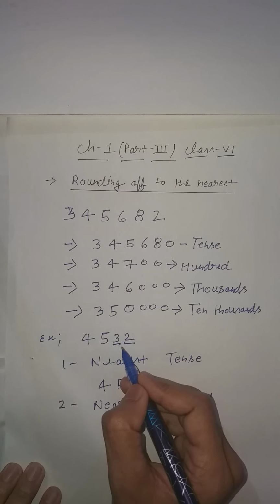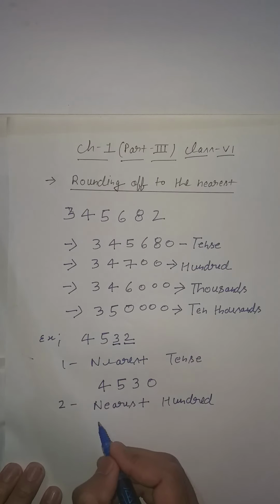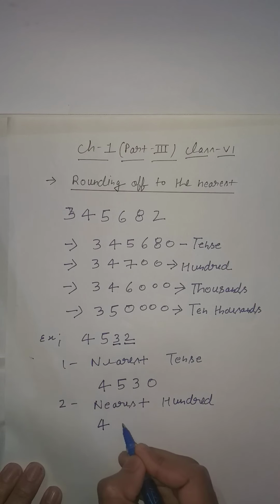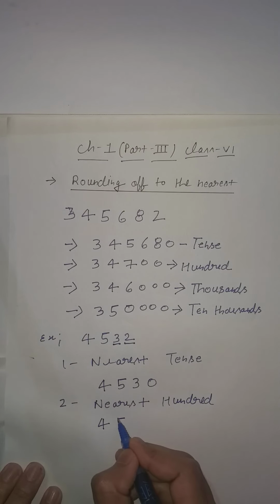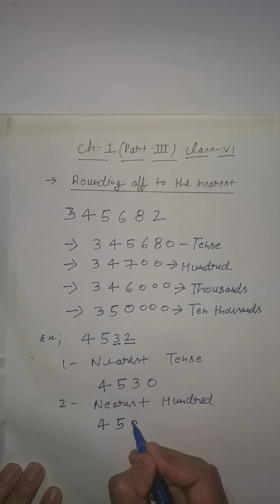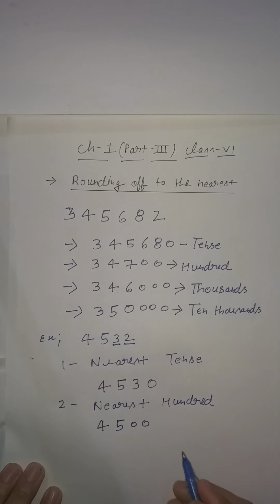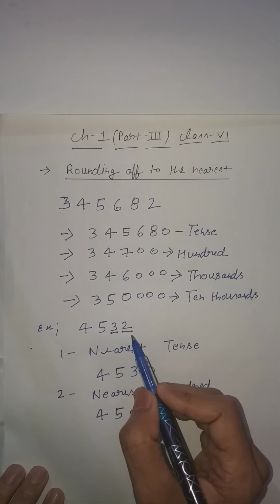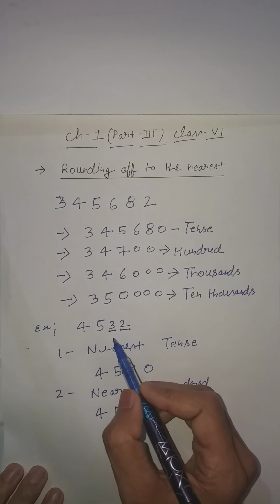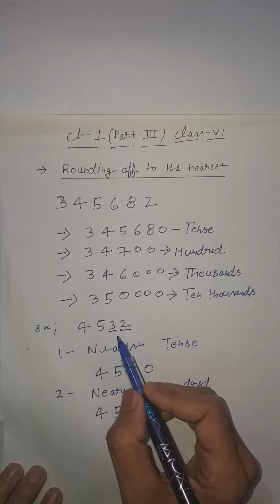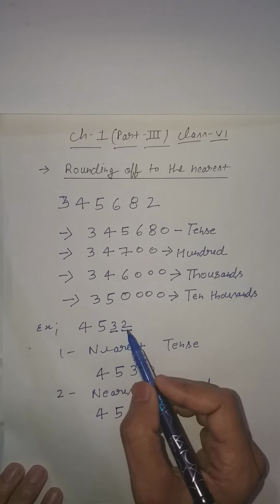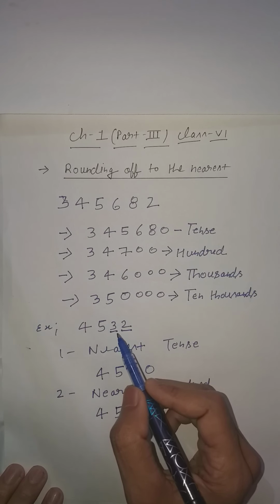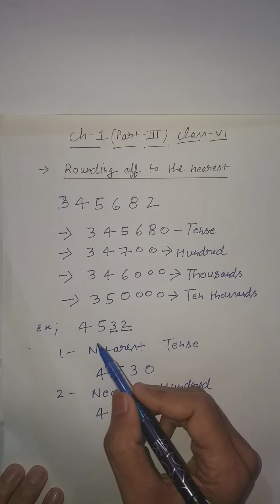This is less than 5. So what you will write down, this will become 4, 5, 0, 0. Clear to everyone? Nearest 100, you will see what? Tens place, and tens place is less than 5, sorry. So you will put the 0 in place of 3 and 2, and 5 and 4 remain the same.